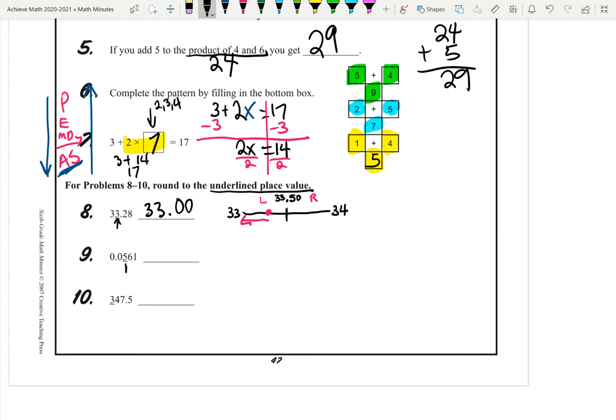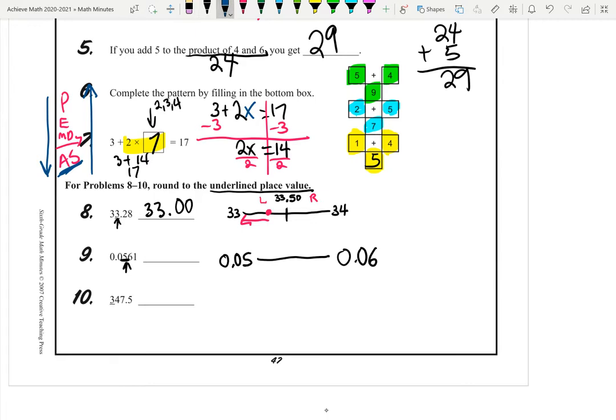Again, look at this number. Start out with 0.05, and I'm going to increase this number by 1. This is the space between it. Now I have to figure out what number is between these two.